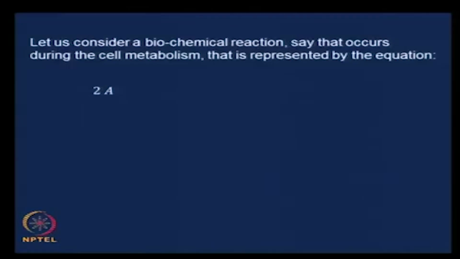This is a hypothetical equation. Let us represent that by 2A plus B giving you 3C. I have just picked random numbers here. Let us call that equation 6(1).